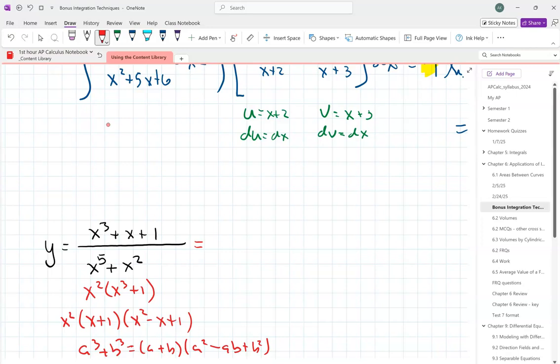So what things would we have had to add together here to get this? Well, I could have a over x squared, but I could also have a b over x, right?